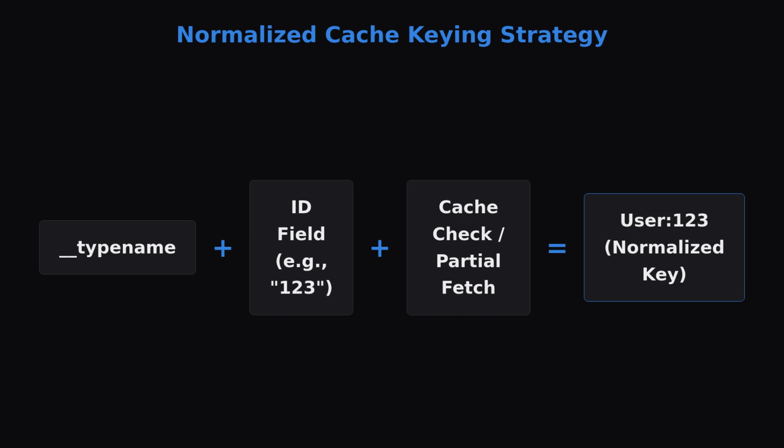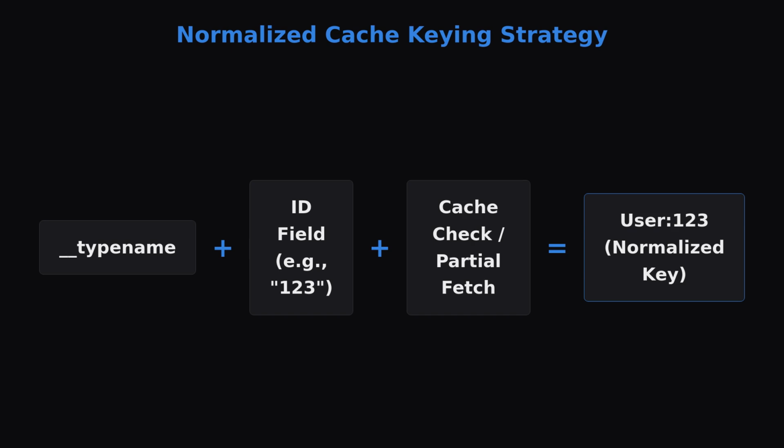When a subsequent query requests fields for this specific user, the client first checks the cache. If all requested fields are present, the network request is entirely skipped. If only a subset of fields exists, the client's fetch policy determines whether a partial fetch occurs or if the cached data is returned immediately.